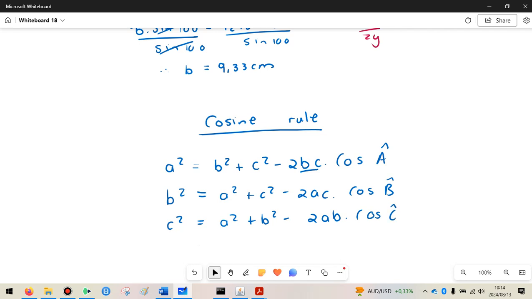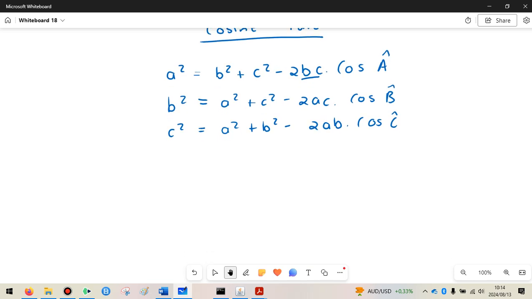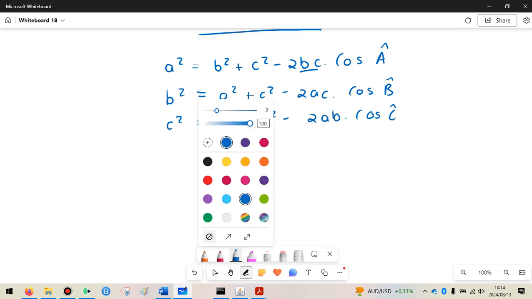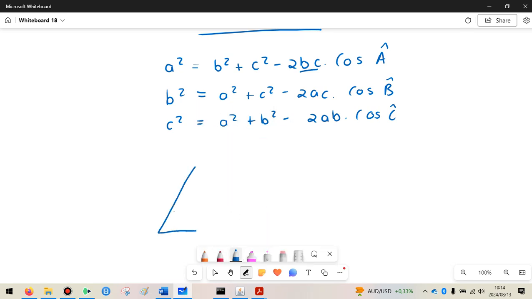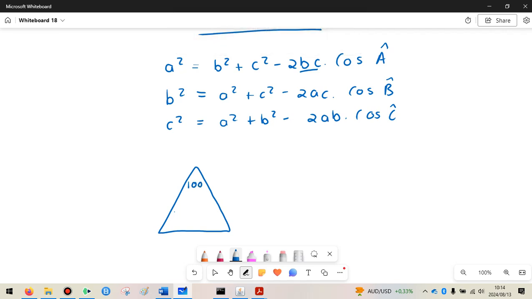Okay, so when do you actually use this? Let's draw a little triangle. First of all, let's label the triangle.